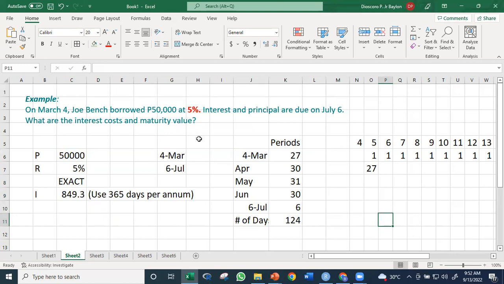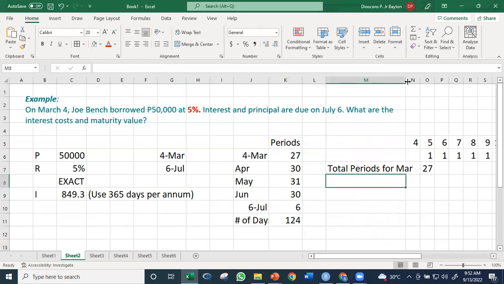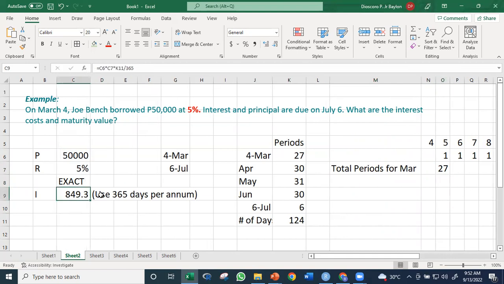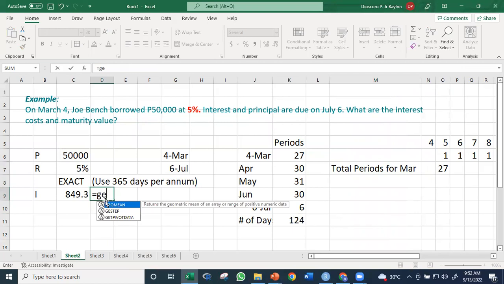Okay. Let me put here. Okay, total periods for March is 27. Okay, so let's see, get formula.